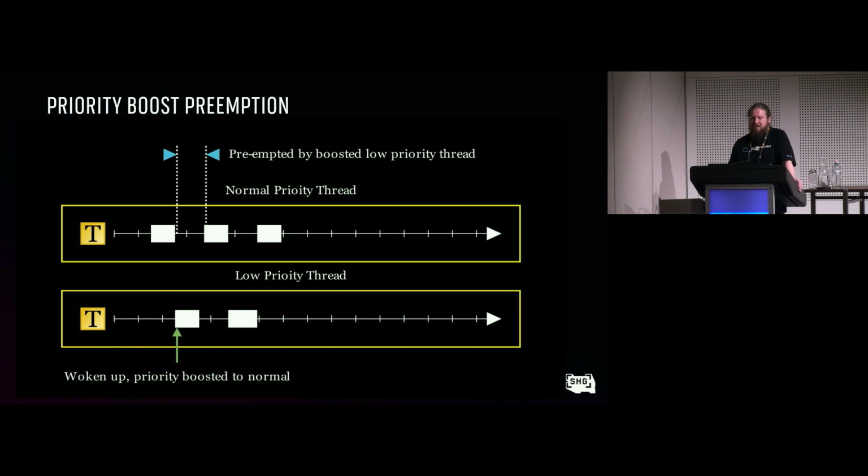For example, you might have a file I/O thread, which you've given a lower priority because you don't want it to interrupt the rest of your threads. However, due to priority boosting, the thread effectively runs at a normal priority because it never runs for more than one quantum when it's woken up.